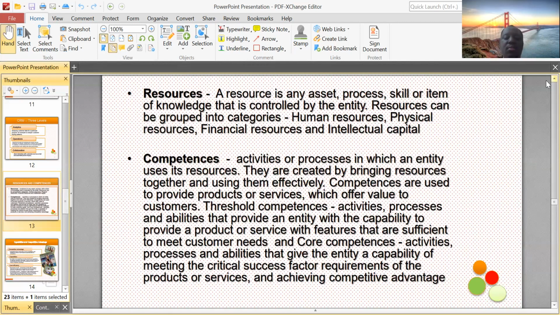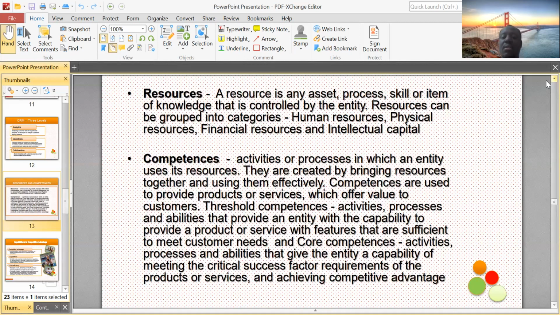Then you also have core competencies, right? These are activities and processes that give the entity the capability to deliver products with features that would help the organization to achieve competitive advantage. So here it's more than offering just sufficient product features. It's offering products that have superior value, and this is what will help the organization to achieve competitive advantage.